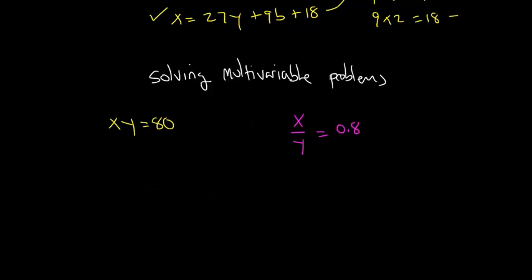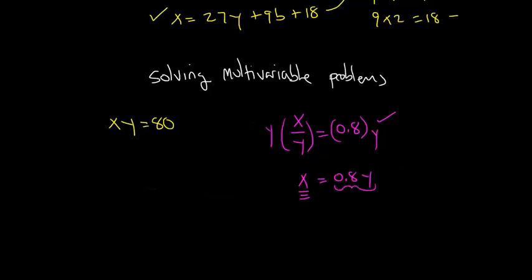So the way that we want to approach this is choose one of our equations and solve for a variable. So I'm going to choose this second equation, and I'm going to solve for x. So if we take both sides times y, we end up with x equals 0.8 times y. And this is useful because we know that under all conditions, x equals 0.8 times y.